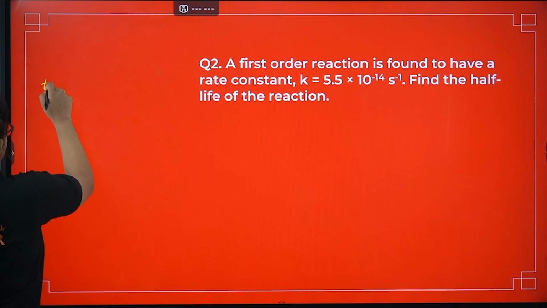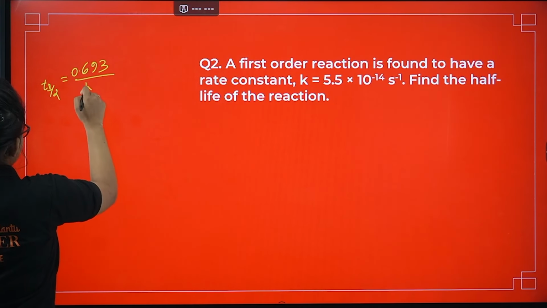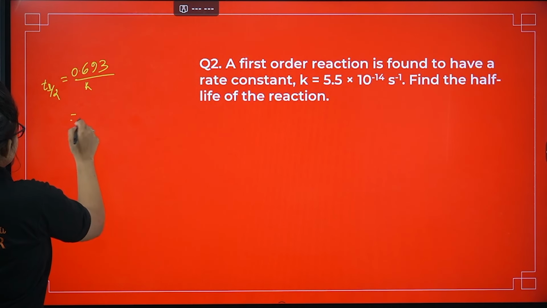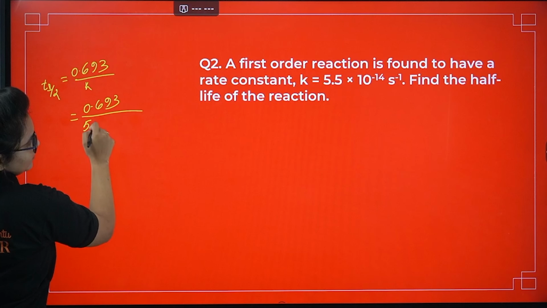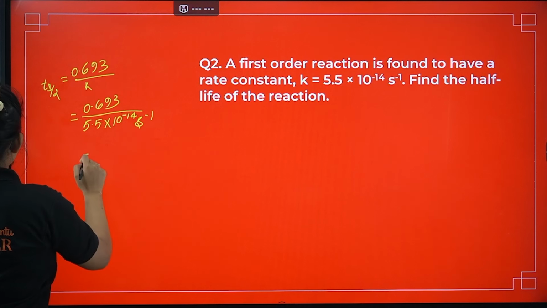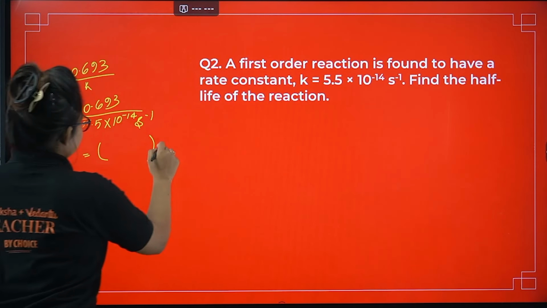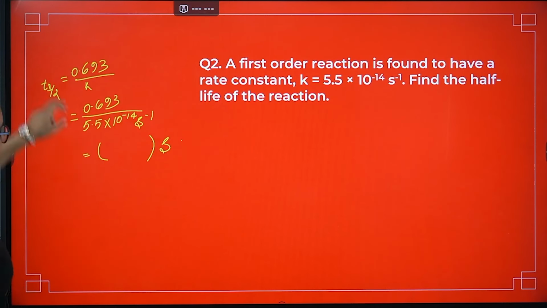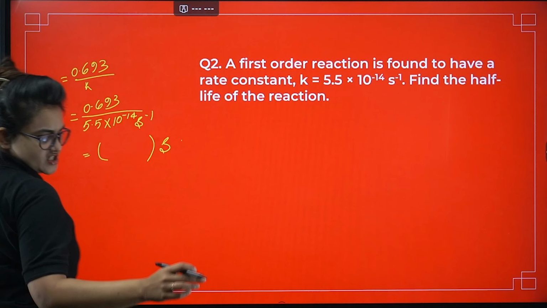We know the formula of T half: T half is equal to 0.693 divided by K. So just put the value here, 0.693 divided by 5.5 into 10 power minus 4 second inverse. Whatever the answer we get will be in seconds. Let me check your answer once.